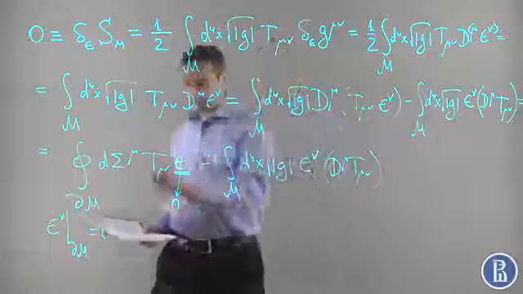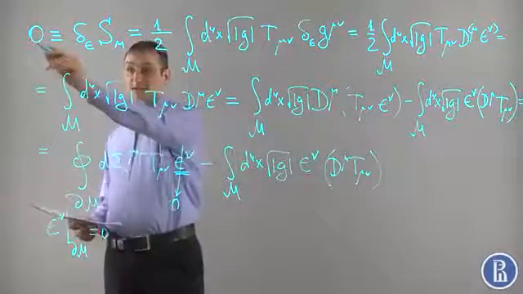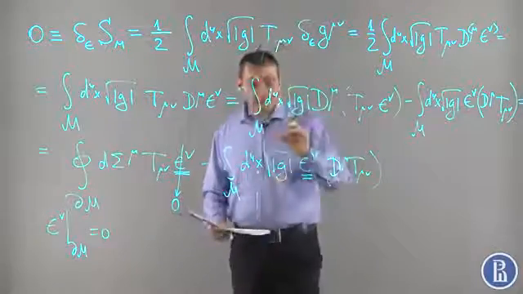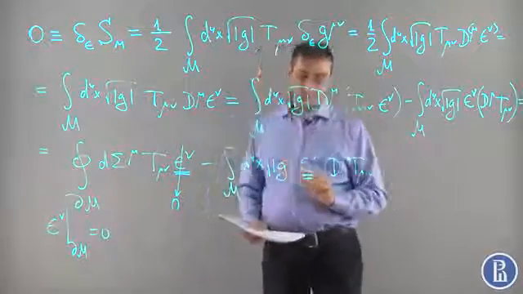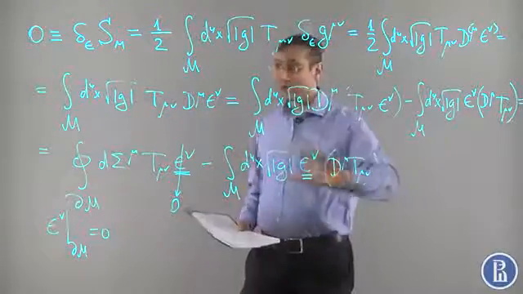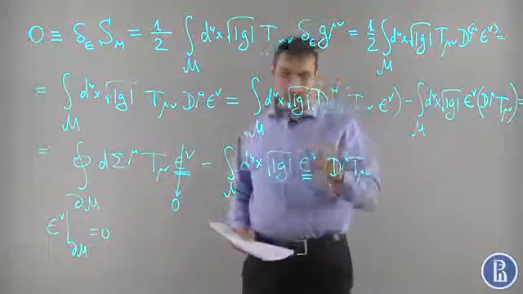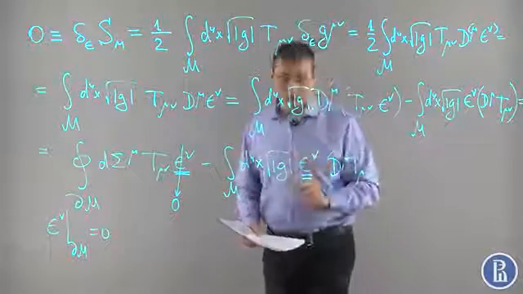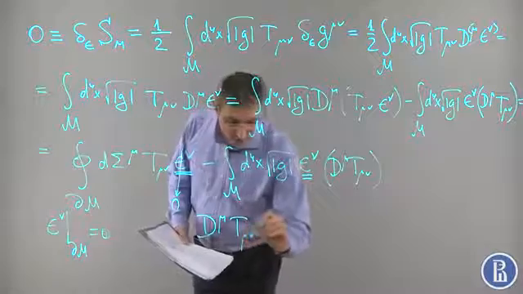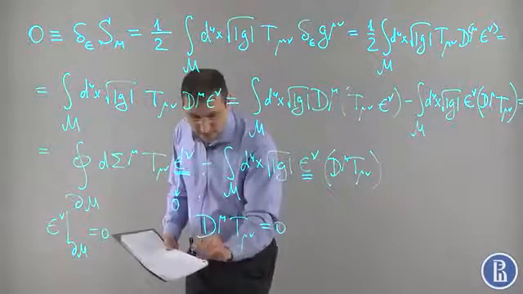As a result, the boundary term is 0, and as a consequence of this equality, for this to be 0 inside the space-time manifold for arbitrary epsilon nu, we have to have that d mu t mu nu is equal to 0.